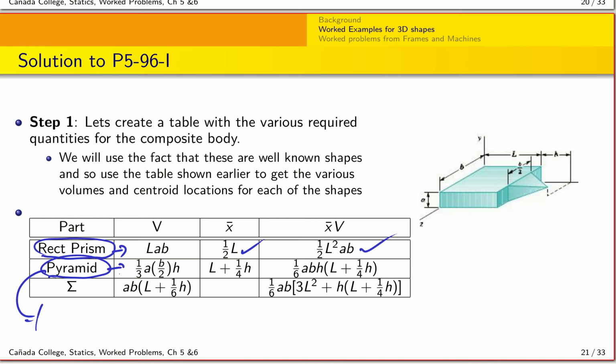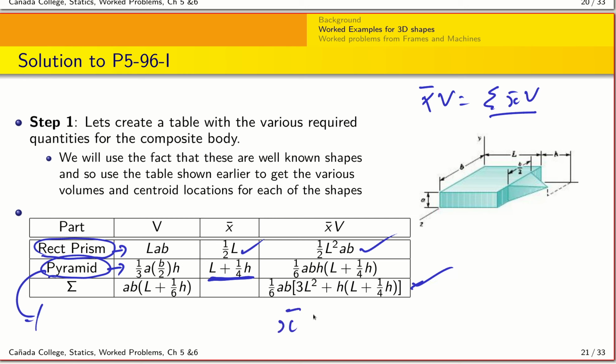So the good news is that we can just look up the table, and we recognize the volume, and the fact that its centroid is 1/4 of the height from the base, and so our centroid position here is L, which is the length that the pyramid is shifted from the origin, and we add the quarter h to it, right? So again, remember, we are applying this idea here that x bar v is going to be sigma of xv. So these are the summation for each of the shapes, and that's what we have right here.